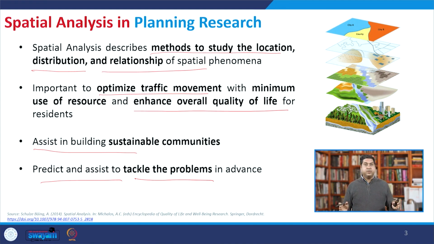Now before going into the further slide, let us understand what exactly the spatial mean. So whenever we talk about any location, that location has a geographic position. So this geographic information system or GIS will help to identify that location based on its latitude, longitude, even in some cases when we talk about the elevation, even the altitude.